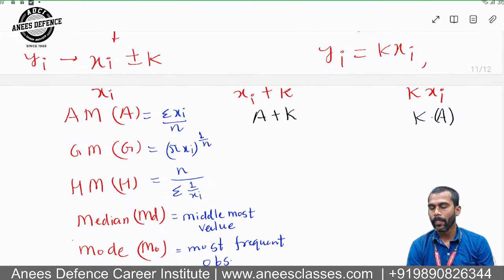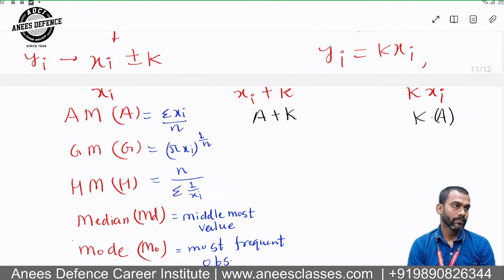Next, what is GM? If you add K to every observation, what is going to happen with the new GM? Can I write G plus K? Not always.